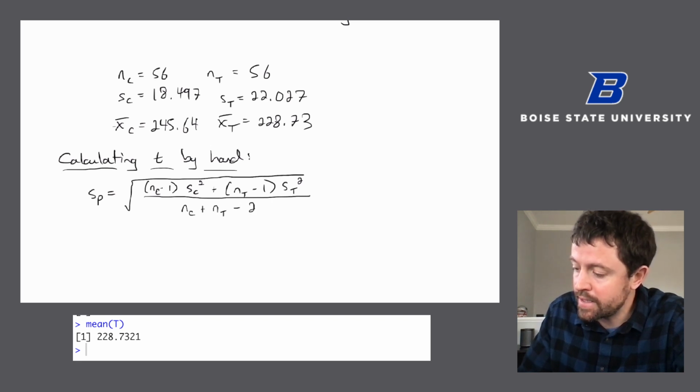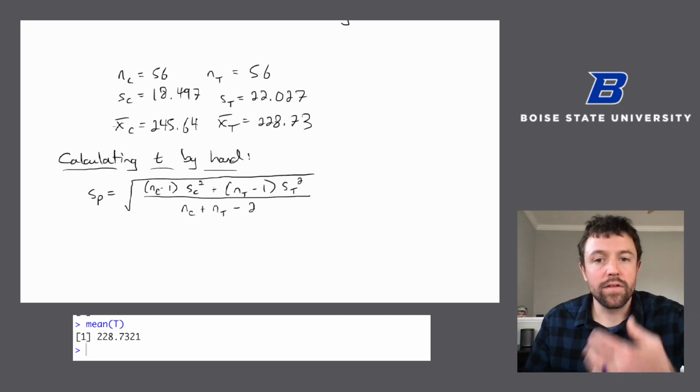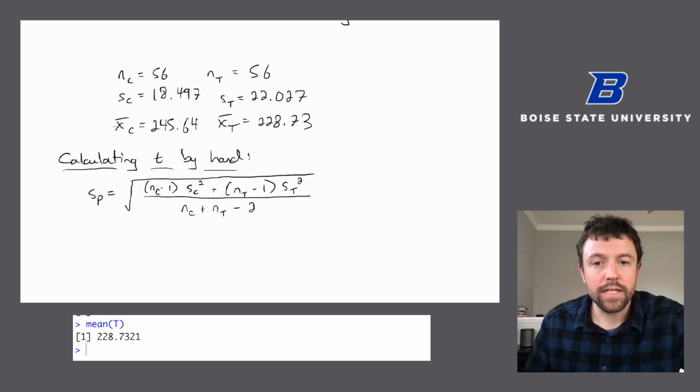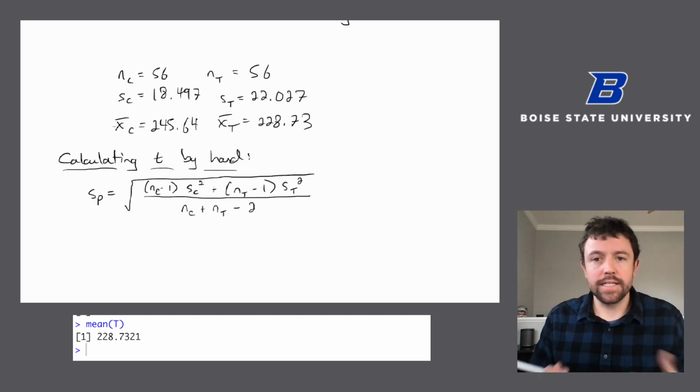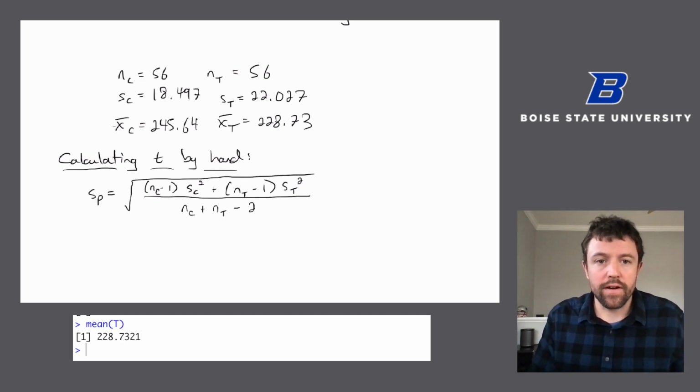And this is intended to be an estimate of the pooled variance. We're saying these things have the same variance. What is that variance?